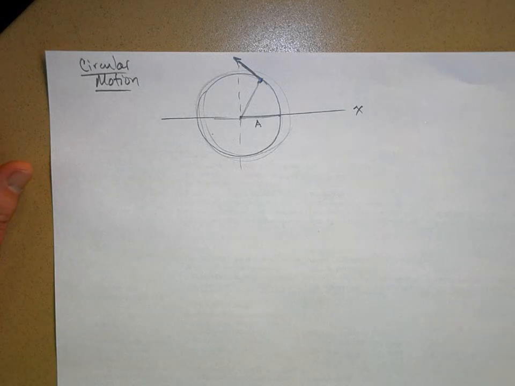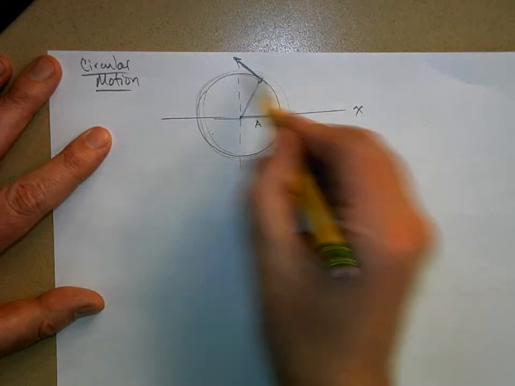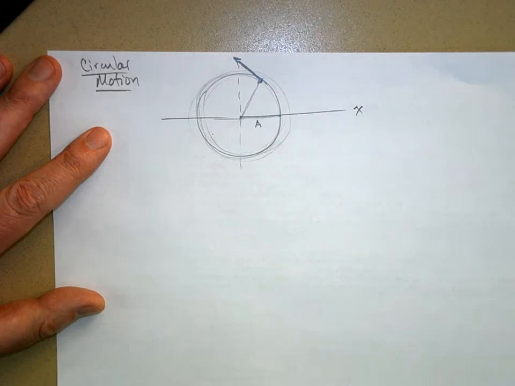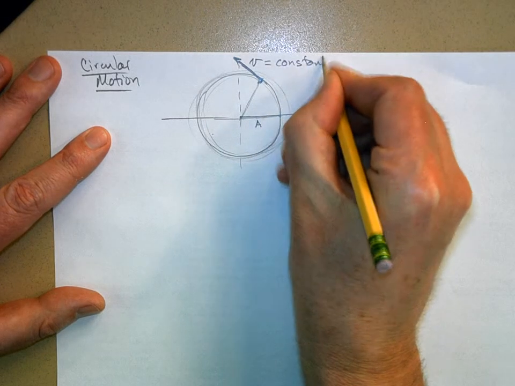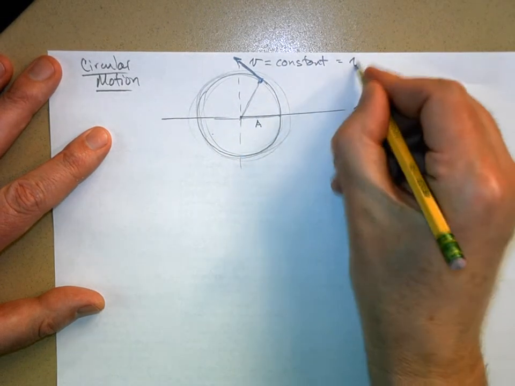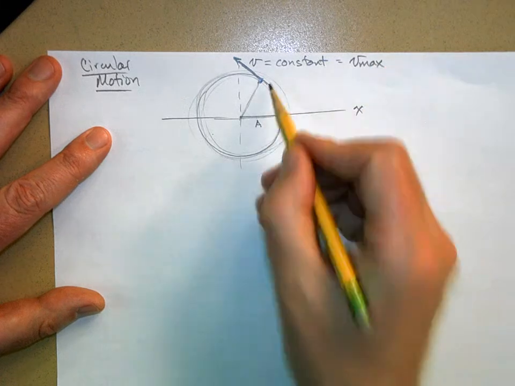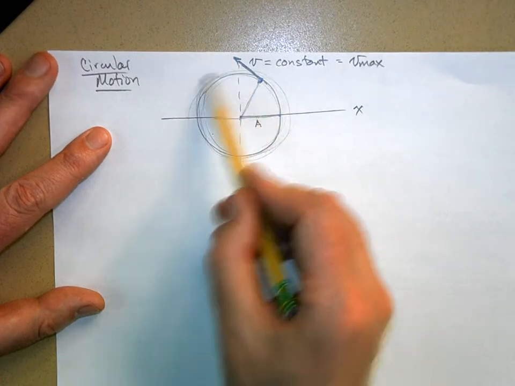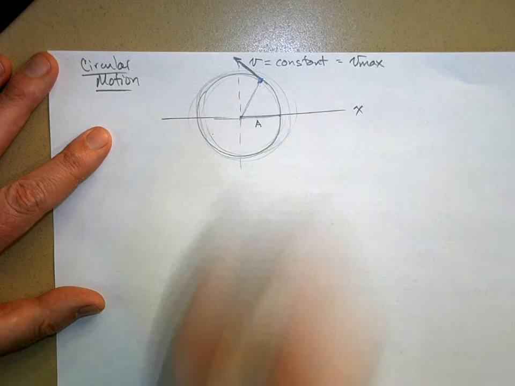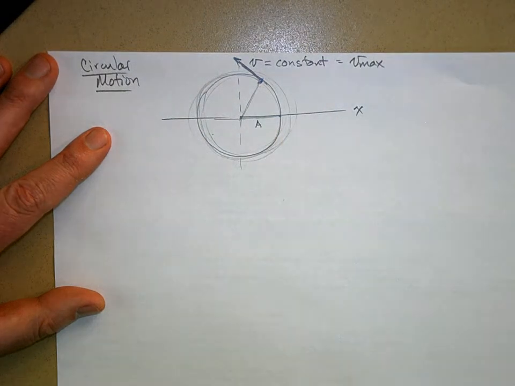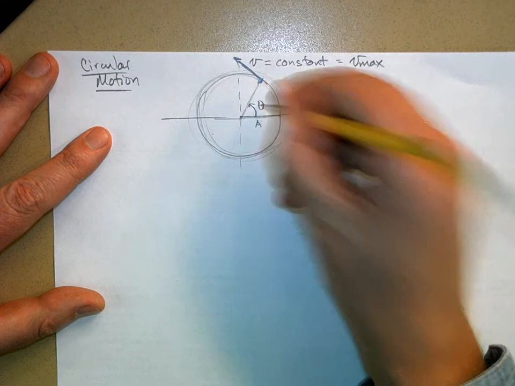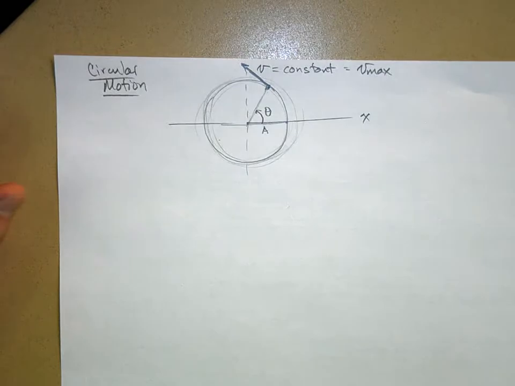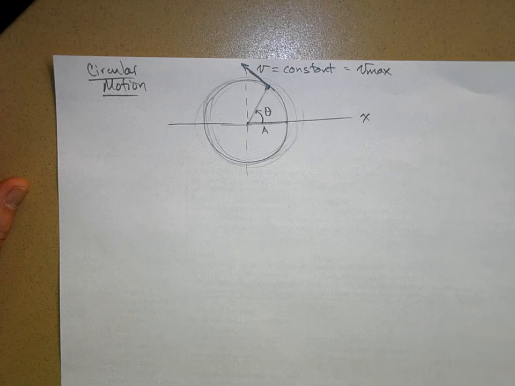Remember that if this goes around and around like this, this is v, the speed of this object is a constant, and therefore you can call this the maximum speed, and you'll see why in a minute, but it's just moving around at a constant speed. And we're going to say that this thing has been rotated up some angle theta, okay? And this thing's just going to move around.